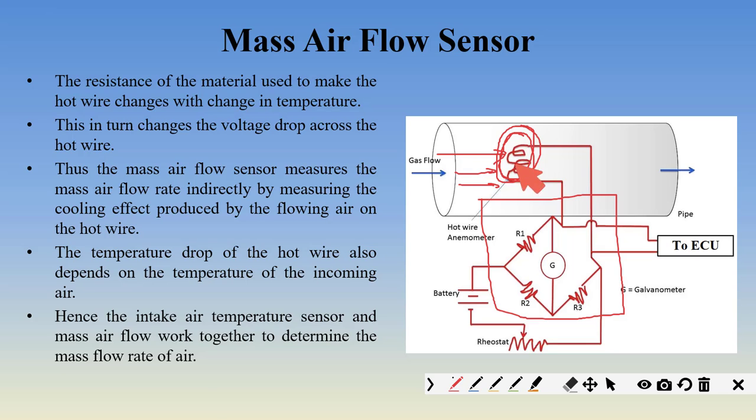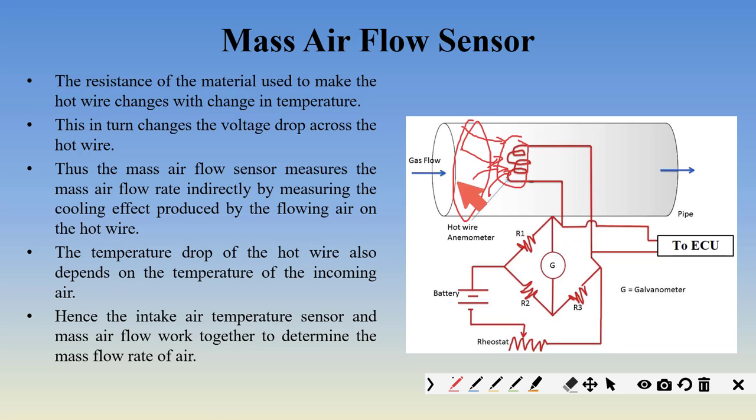The less the airflow, the less the temperature drop. Thus, by measuring the temperature change, we are measuring the amount of air coming onto the wire, and from that we can measure the total amount of airflow. Okay, this is how your mass airflow sensor works.